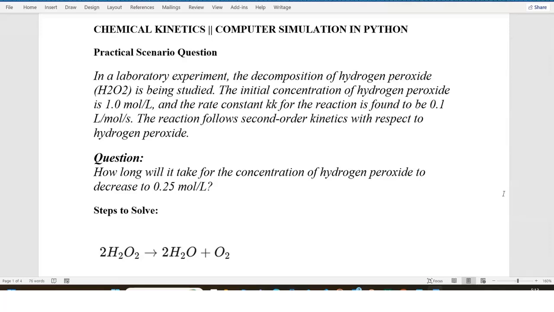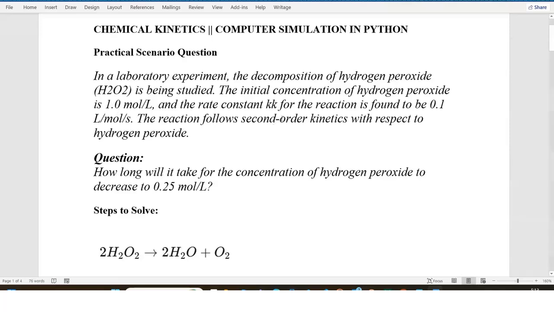So the question says, in a laboratory experiment, the decomposition of hydrogen peroxide, H₂O₂, is being studied. The initial concentration of hydrogen peroxide is 1.0 moles per liter. That's the molarity of hydrogen peroxide.